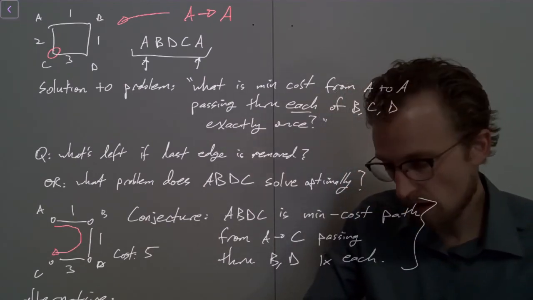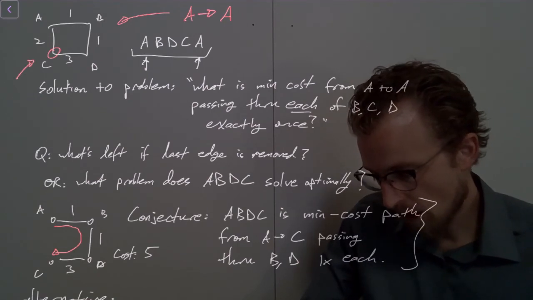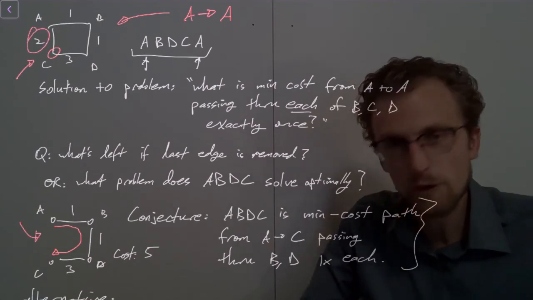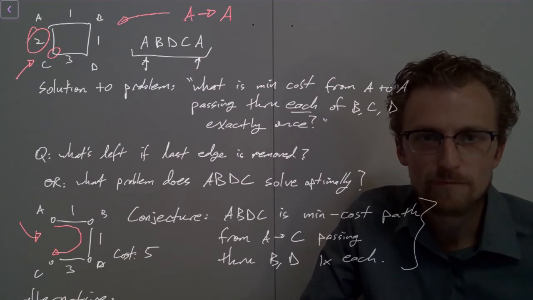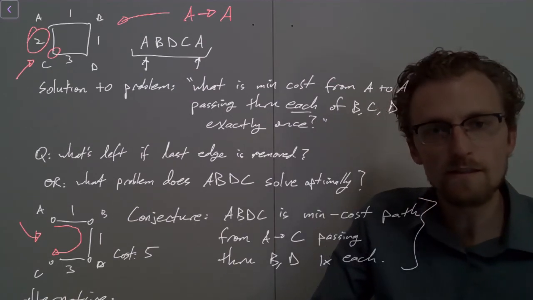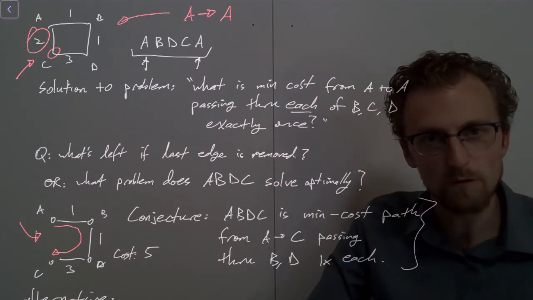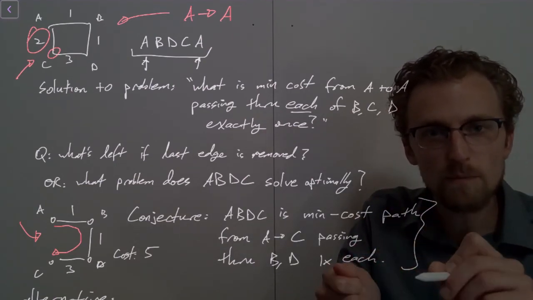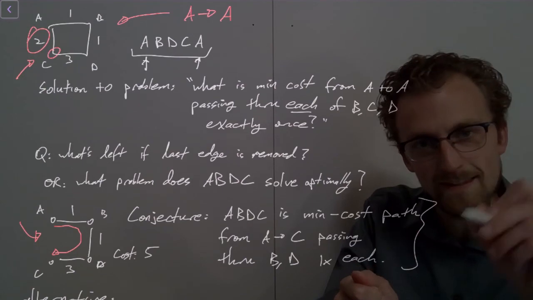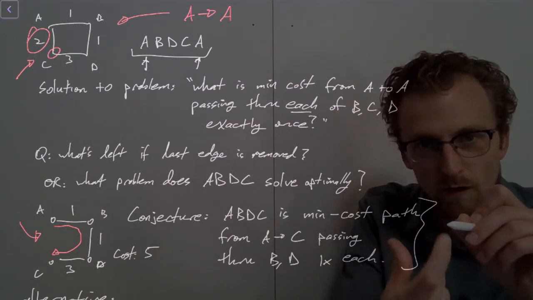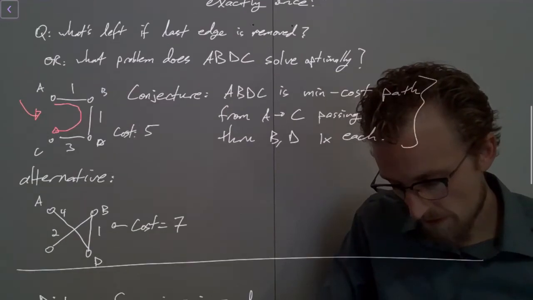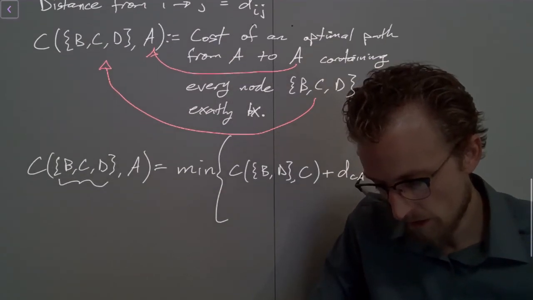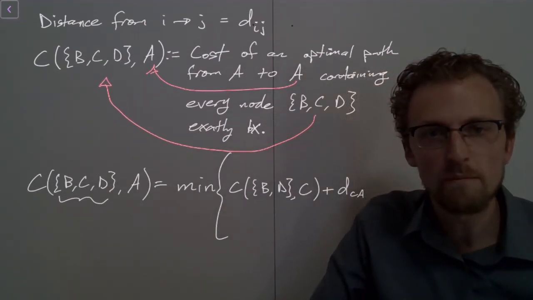And the cost of this one is the cost of this one plus 2. Done. The math is in front of you, right? So the cost of a path from A to A has to be the cost of the path from A to the second to last node plus the distance from the second to last node to A. And that's what we're capturing right here in our DP math.